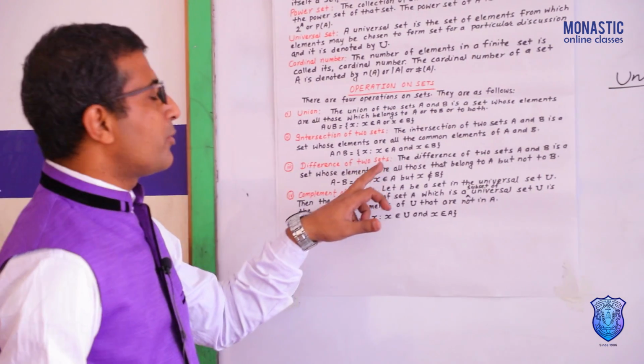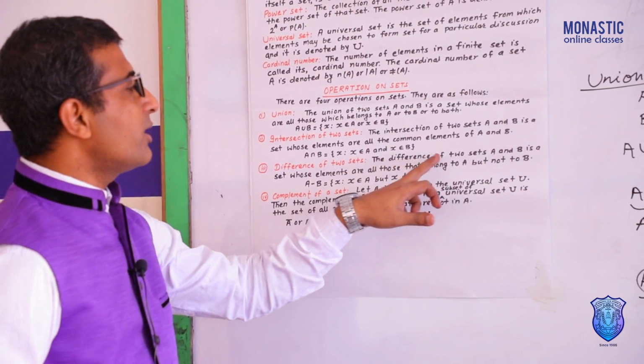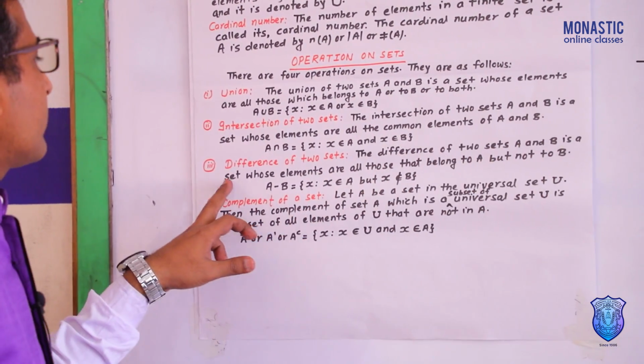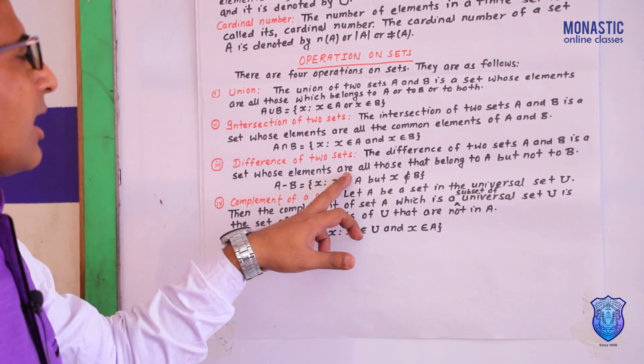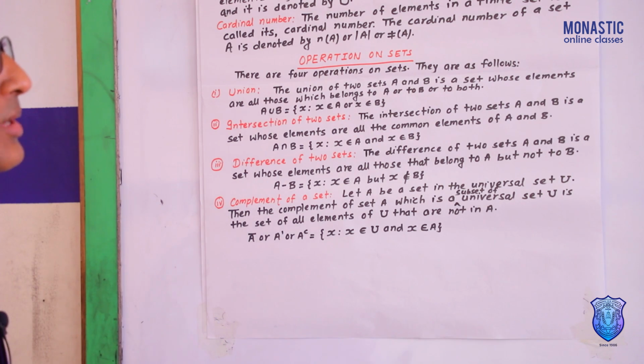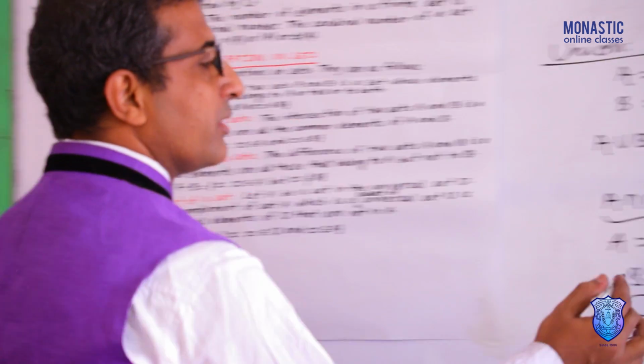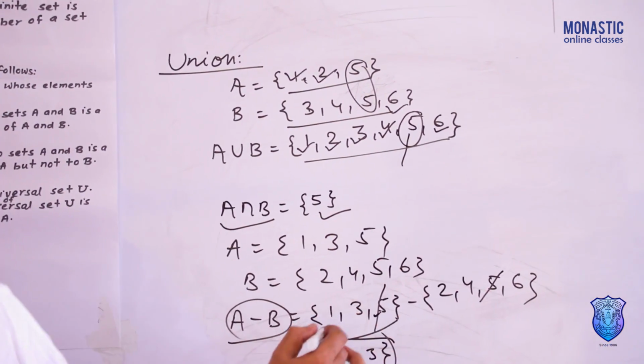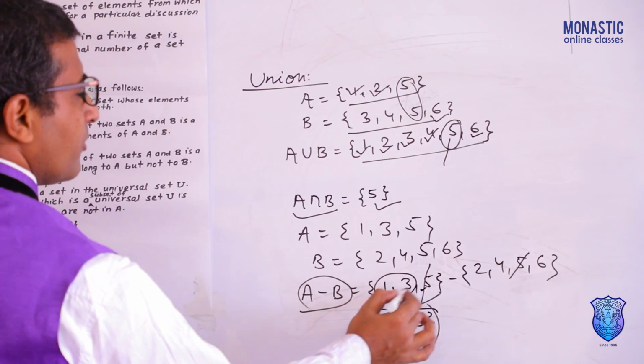The difference of two sets A and B is a set whose elements are all those that belong to A but don't belong to B. The 5 belongs to both, that's why we haven't written 5.